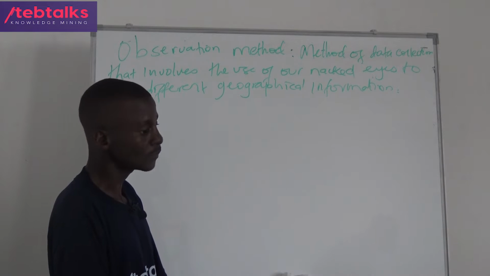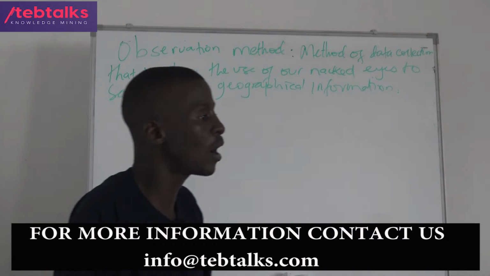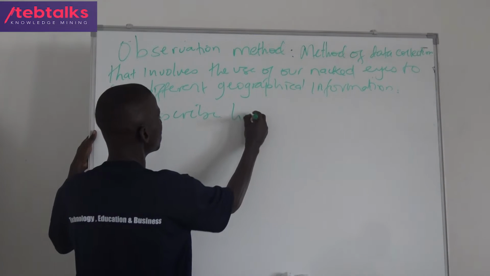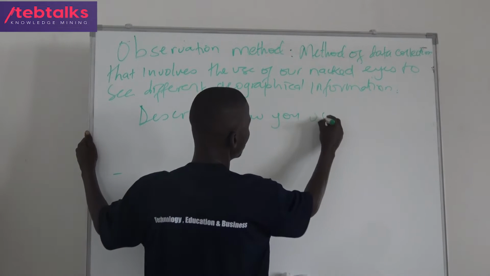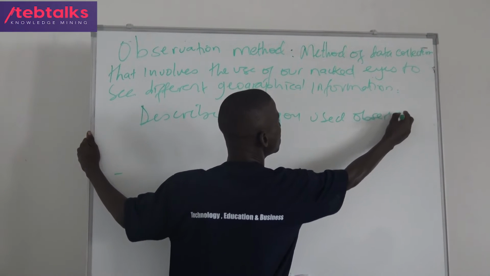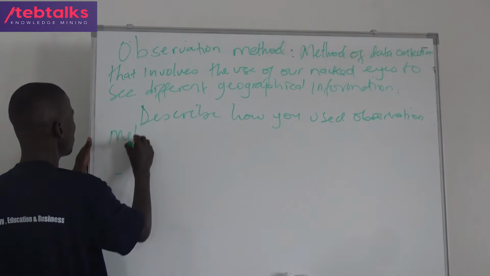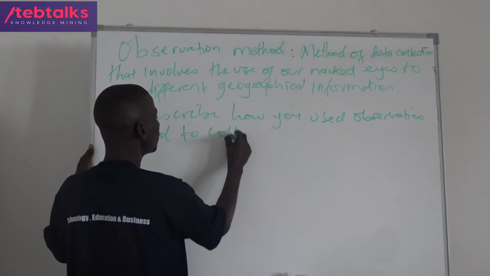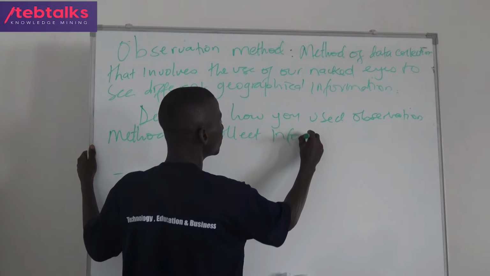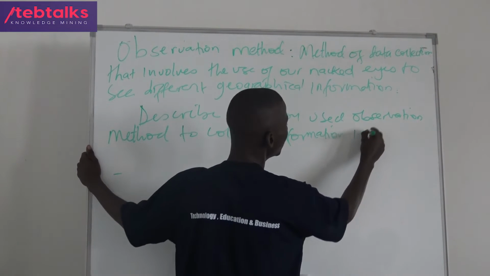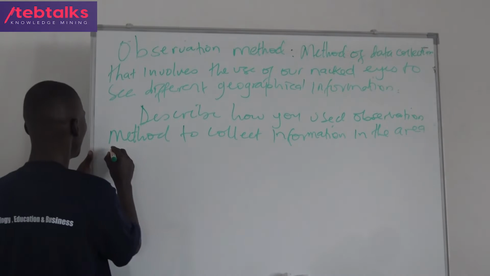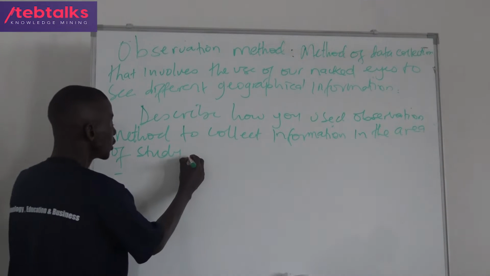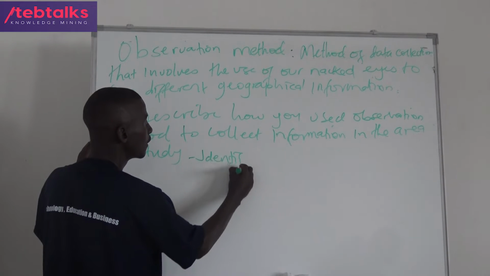So sometimes the question is set, describe how you use the observation method. So if in any case the question is saying describe how you use the observation method to collect information in the area of study, the first thing is you identify the method.